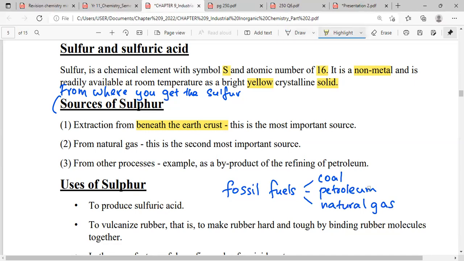Natural gas, as I told you last time, is methane. It's found together with fossil fuels basically, and it is formed as a byproduct of the refining of petroleum. So these are some places where sulfur can be obtained.